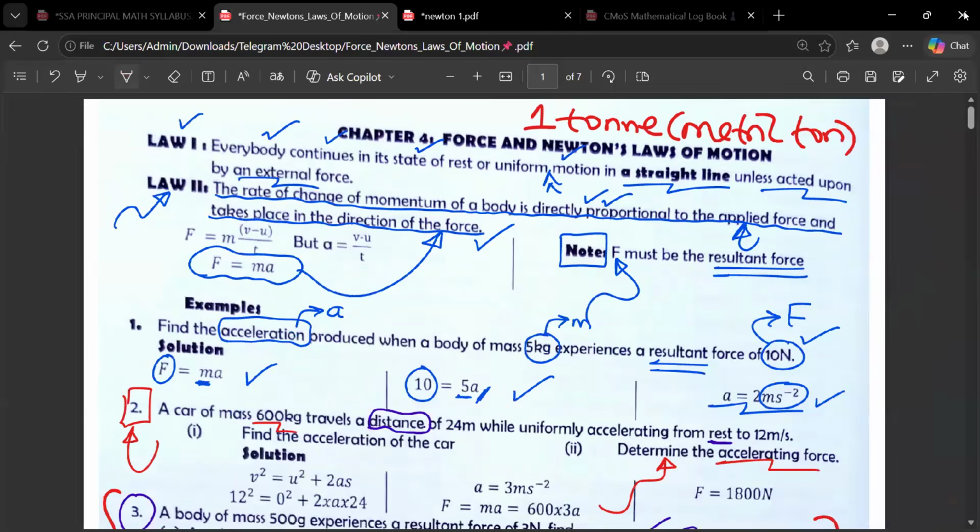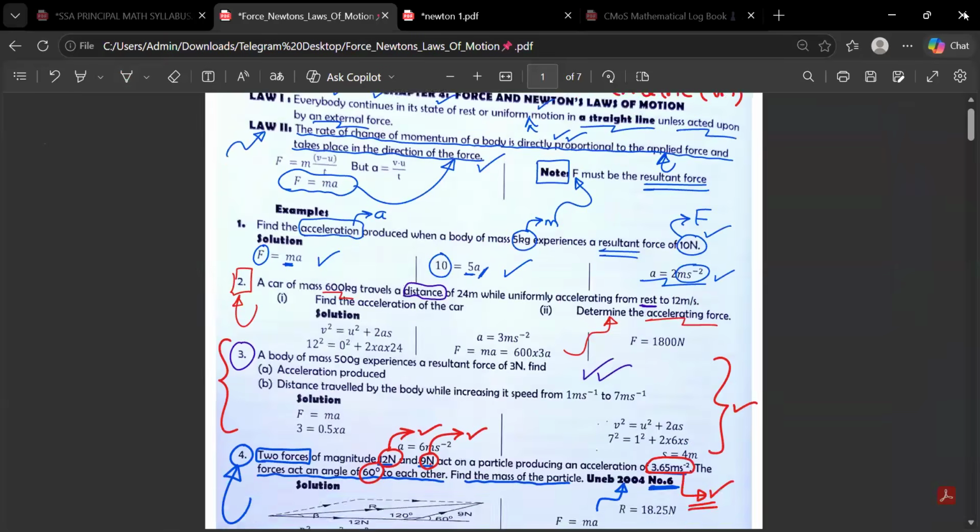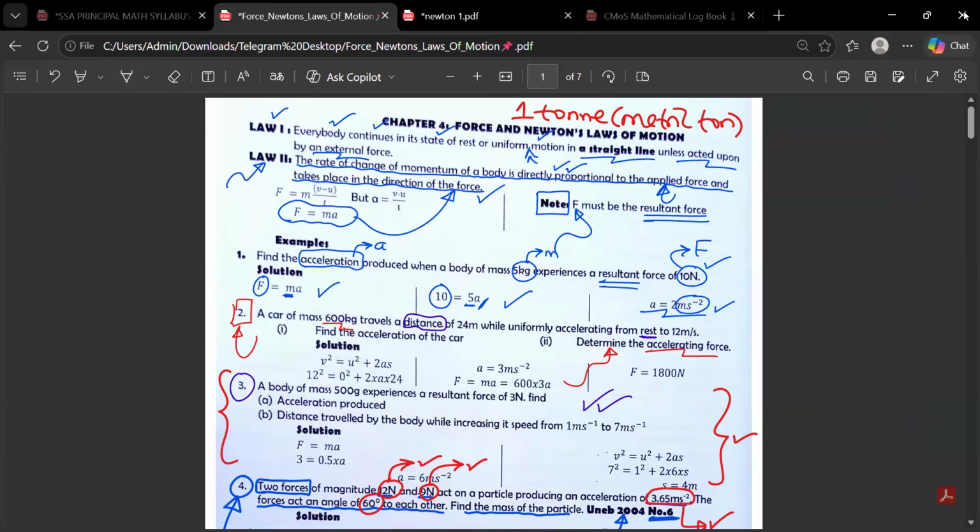So I've said calculate the resultant accelerating force of a truck of mass 1 ton traveling from rest to 2 kilometers per hour.